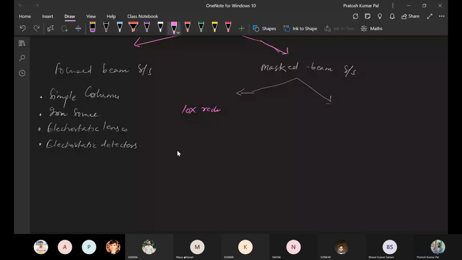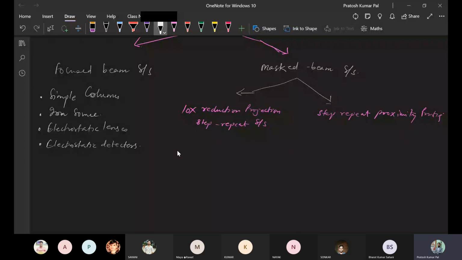So the masked beam system is basically divided into these two types. These are two different types of ion beam system where a mask is used.